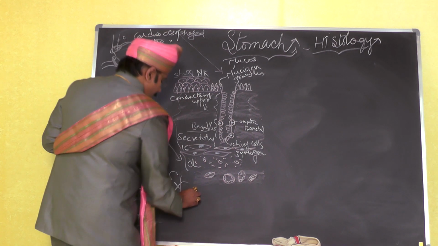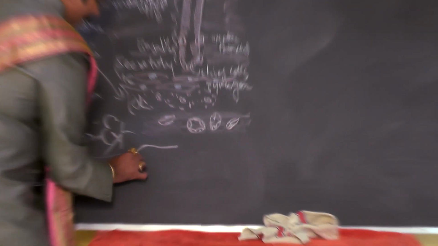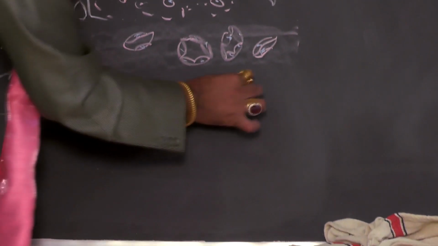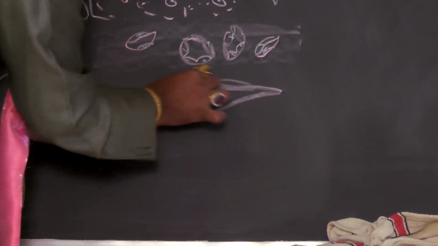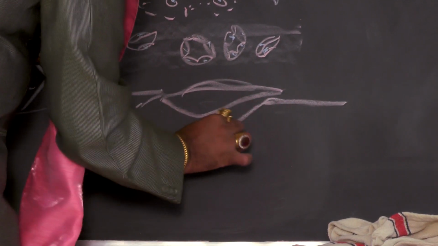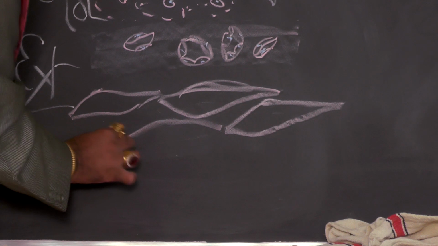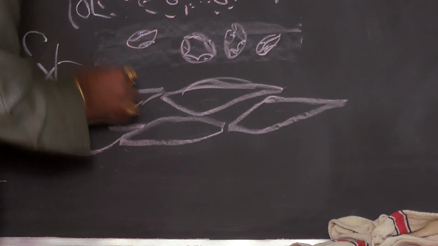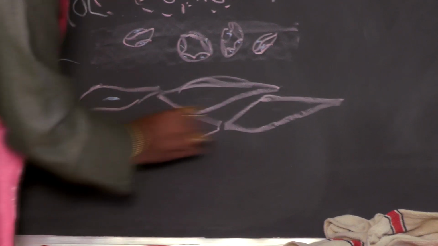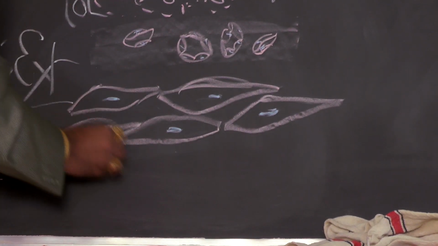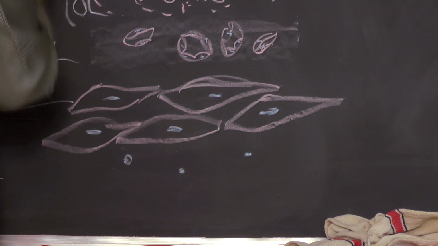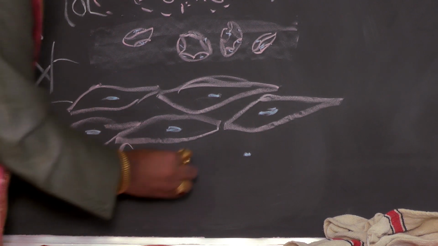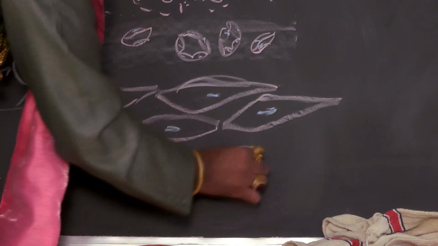Now in the region of muscularis externa, it is made up of inner circular smooth muscle. So here you have the smooth muscle which is circular, having tapering ends and a single, central, large, oval nucleus, and here you have the outer longitudinal muscle cord.